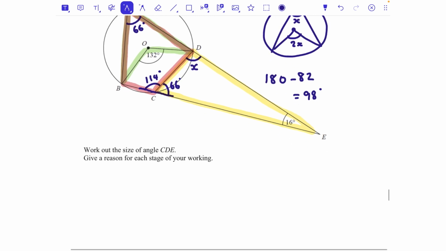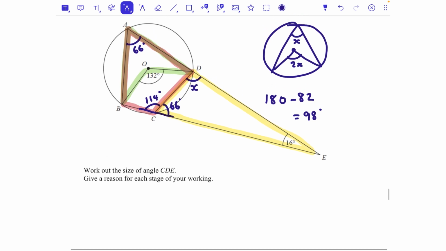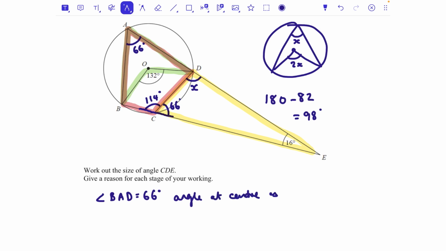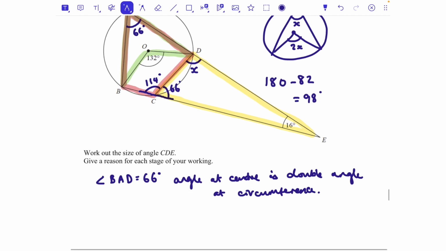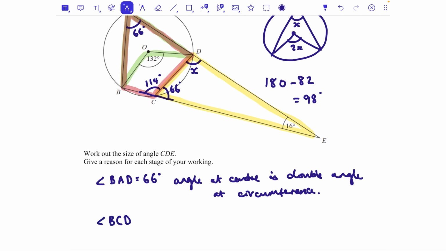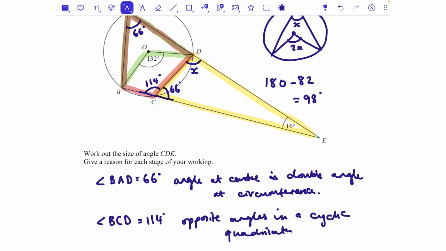That's the maths, but because it says give a reason for each stage of your working, we are going to need to write that down. First thing we did, we said angle BAD equals 66 degrees, angle at centre is double angle at circumference. The second thing we said was angle BCD is 114 degrees, opposite angles in a cyclic quadrilateral add to 180.